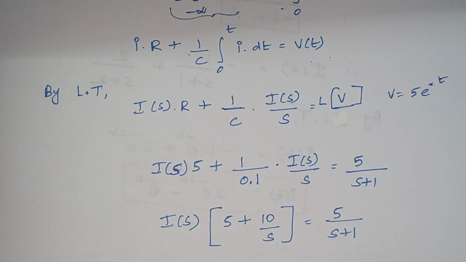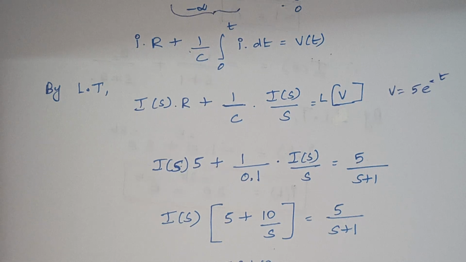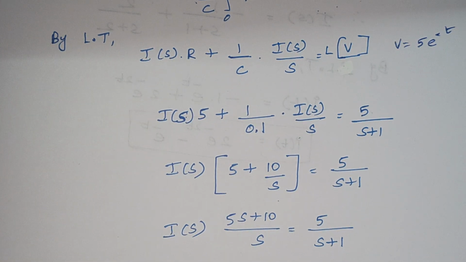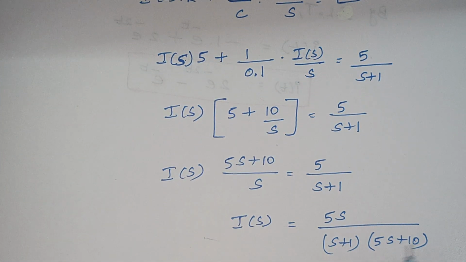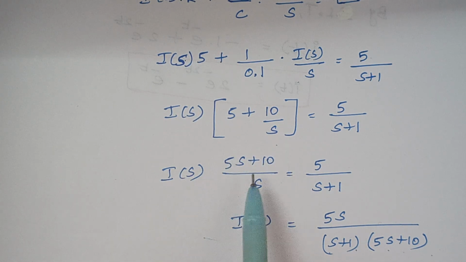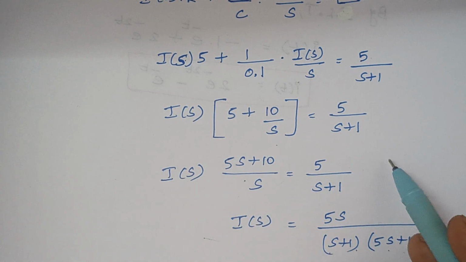So when you take I of s, this is your expression. Now the next thing is we have to take LCM. When you take LCM, it becomes 5s plus 10 by s, which is equal to 5 by s plus 1. So again, when you rewrite the expression, I of s is equal to 5s divided by s plus 1 into 5s plus 10. That is, when this term is moved to the right hand side, we have to write it in the reciprocal format. So when you write it in reciprocal format and arrange, this is our expression.